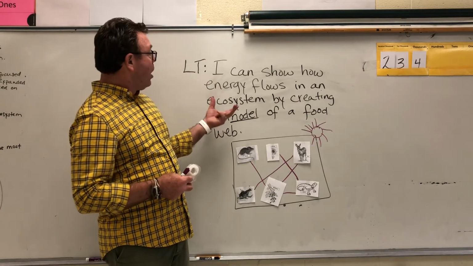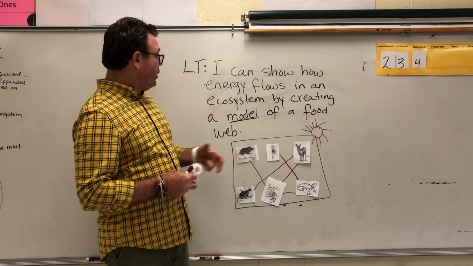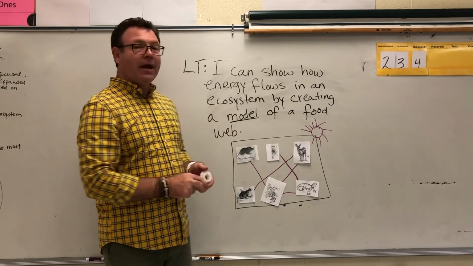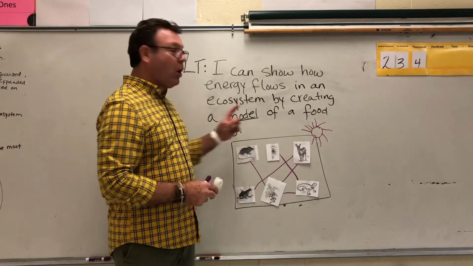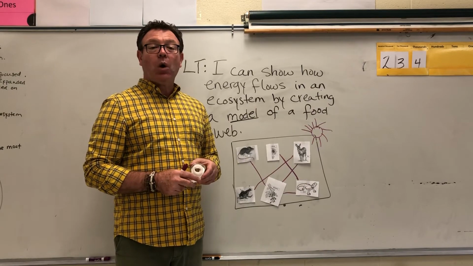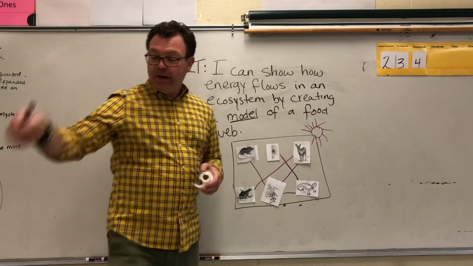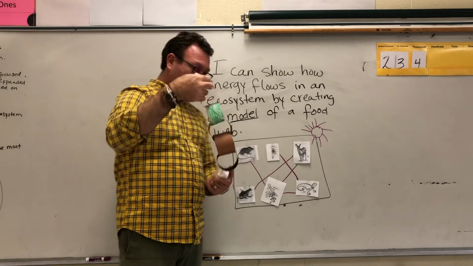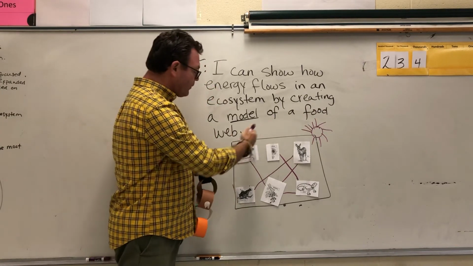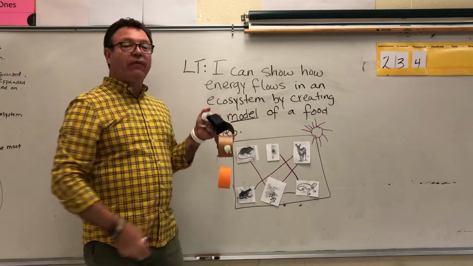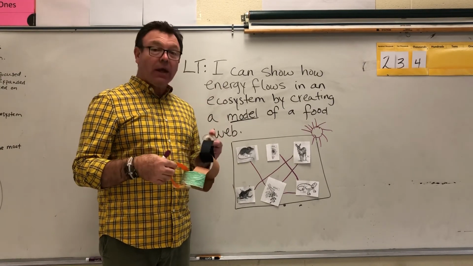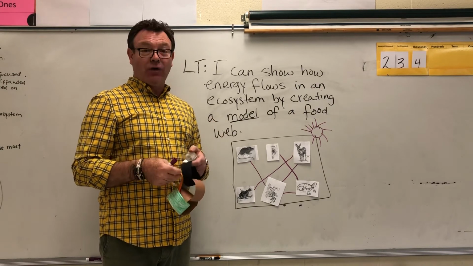It helps us understand how something works a little bit better. So today we created a model to show how energy flows in an ecosystem, and the model is a food web, okay? So a food chain is something linear, very simple, and when we create a web, it's a bunch of food chains put together to show how really energy flows in an ecosystem, okay?